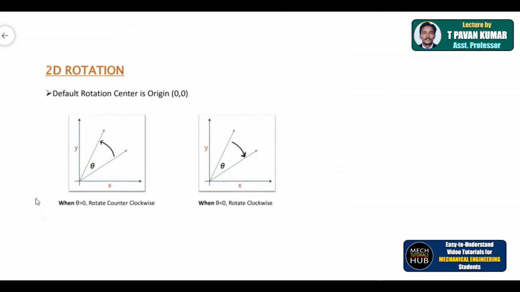This is what I am talking about from the beginning whenever I talk about rotation. You need to think with respect to the origin point. If some arbitrary point is given to you in the question, then you need to focus on that. Initially you need to translate it, then you need to rotate it. Here it is going in counterclockwise direction, here it is in clockwise direction with an angle of theta.